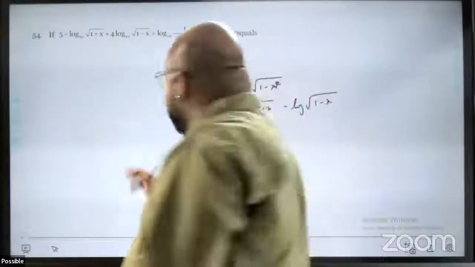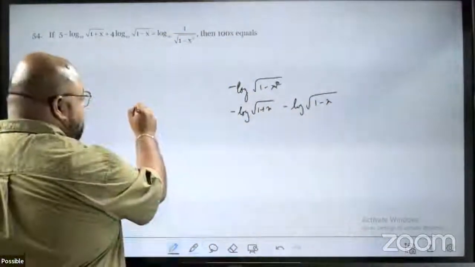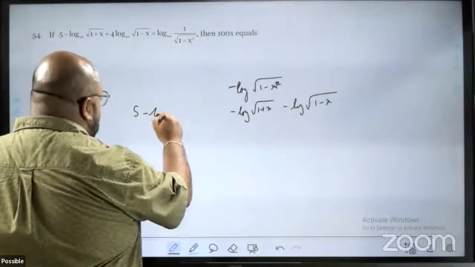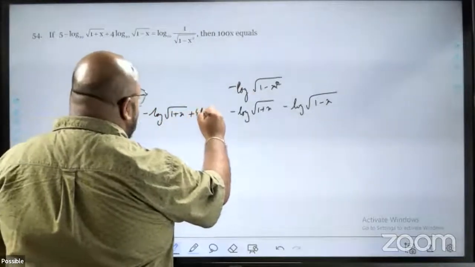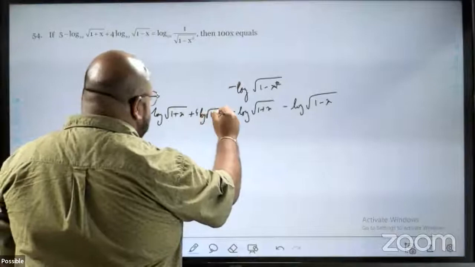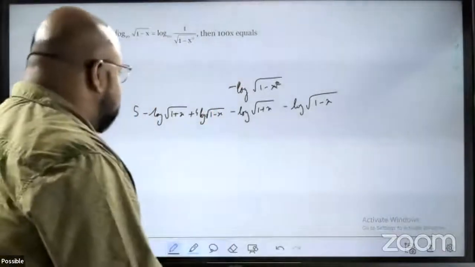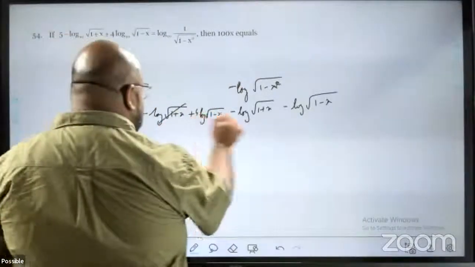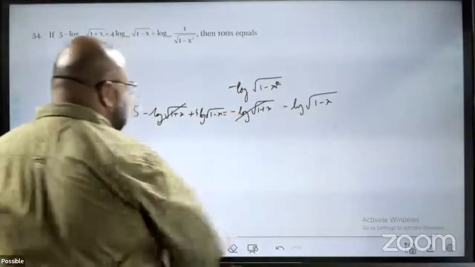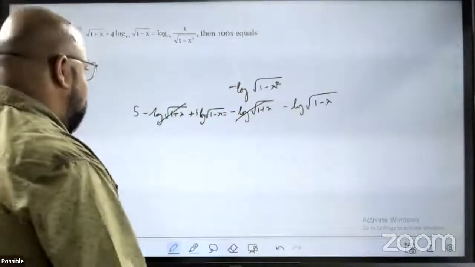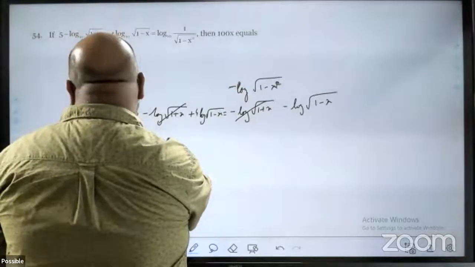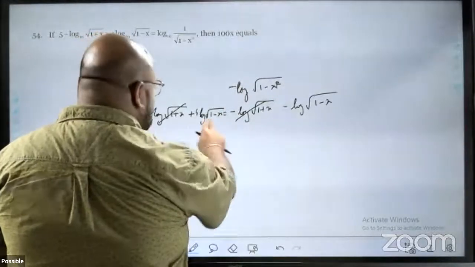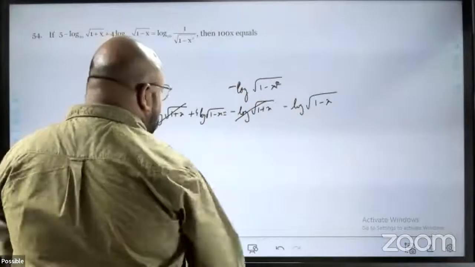Now I come to the left hand side, which was 5 minus log 1 plus x plus 4 log root 1 minus x. As you can see, these two terms are the same. They will get cancelled out. And therefore, I take the 5 here.